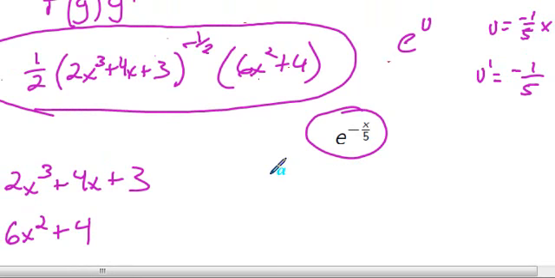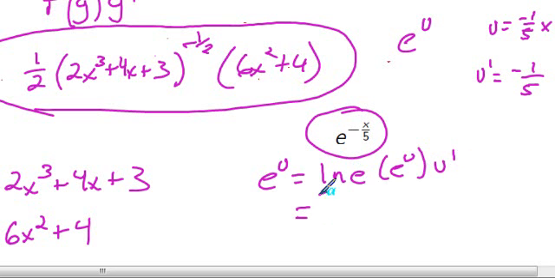And according to the rules from earlier, my e to the u, which is nothing more than a to the u, is going to be ln of e times e to the u times u prime. Well, we know that ln of e is 1. So I got 1 times e to the u, which in this case is the negative 1/5 x, and my u prime is negative 1/5.